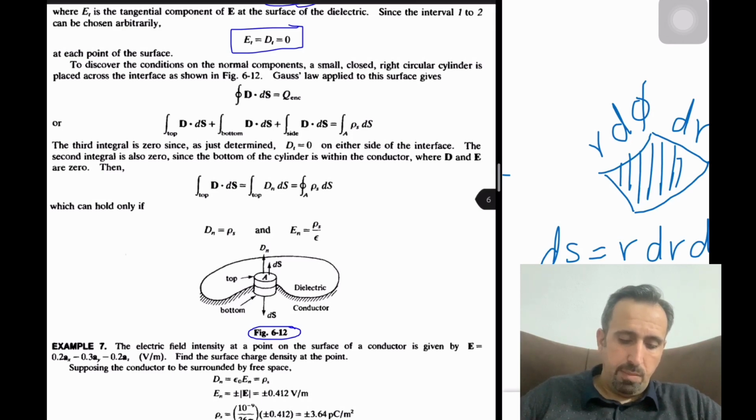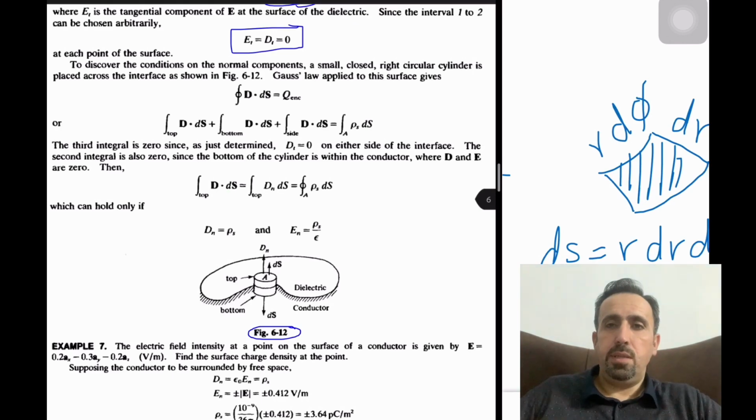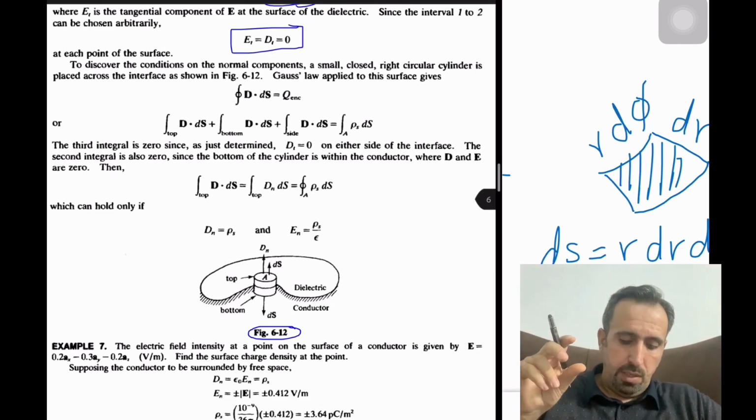You have to think about this cylinder taken. This cylinder, you have three sections, I mean top and bottom and side.